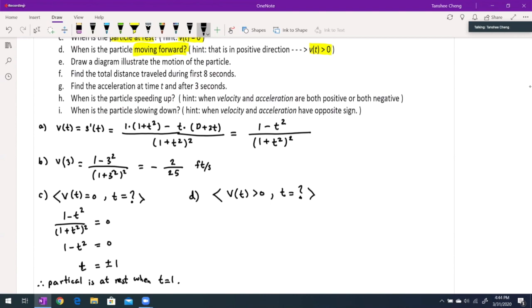So when the velocity function is greater than 0, that says 1 minus t squared all over 1 plus t squared, quantity squared, is greater than 0. We are solving a rational inequality here. The denominator can never be 0, and we already found the zero of this function: t equal to negative 1 or positive 1, and we know the negative is not applicable in this problem.